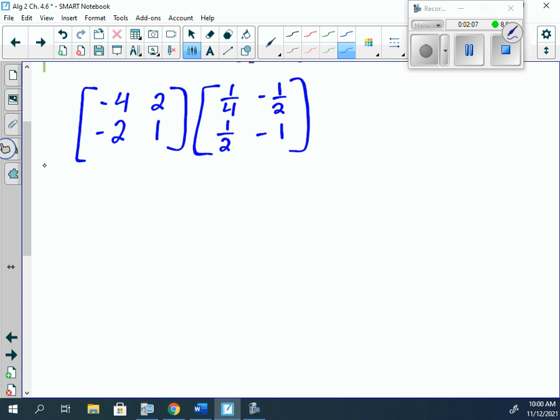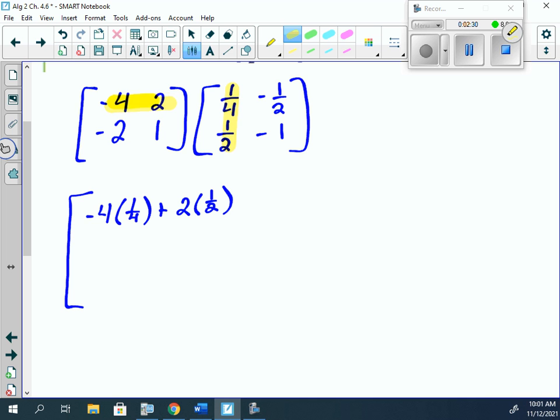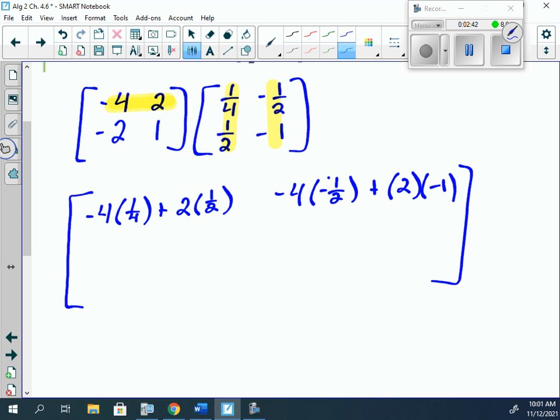Now at this point here, we can do the multiplication, our over and down property. So we would go over and down. And when we do this, we'll have -4 times 1/4 plus 2 times 1/2. Now we can do it again and go over and down. And if we do this, we'll have -4 times -1/2 plus 2 times -1.